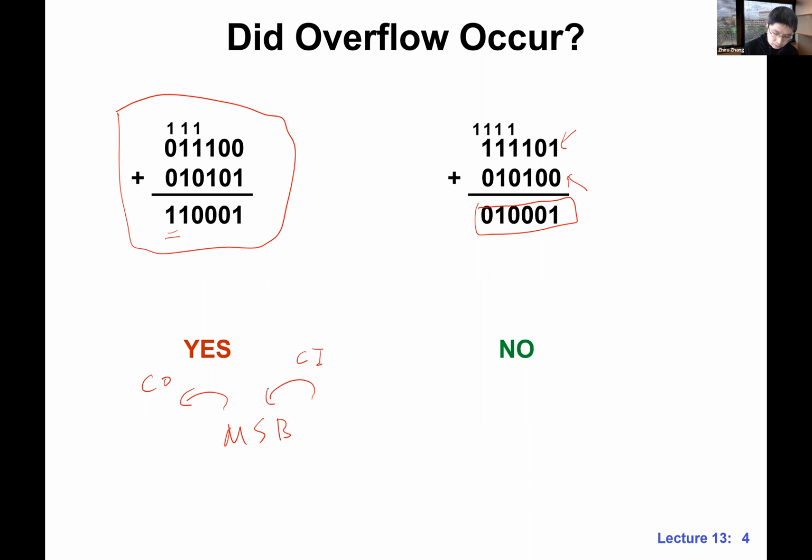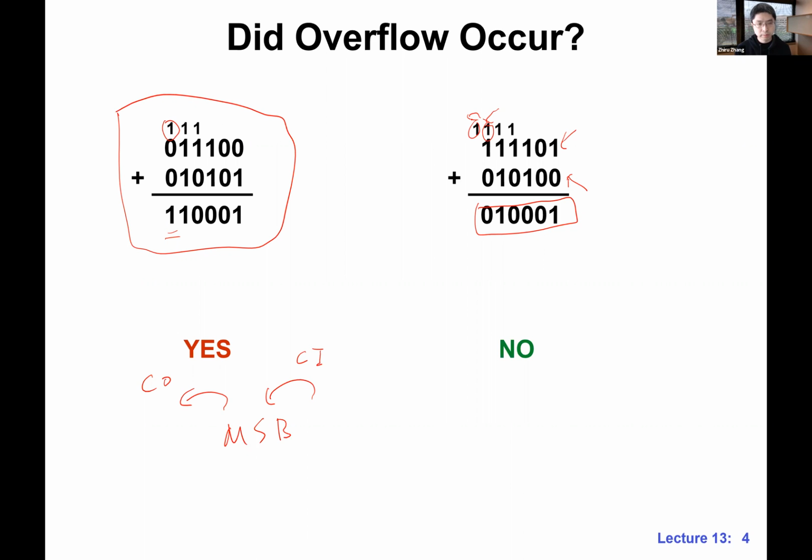Look at this example on the left. We do have a carry into the MSB, but there's no carry out of the MSB. Indeed, there's an overflow. In this other case, there's a carry into the MSB, and there's a carry out of the MSB. They're the same, so there's no overflow.